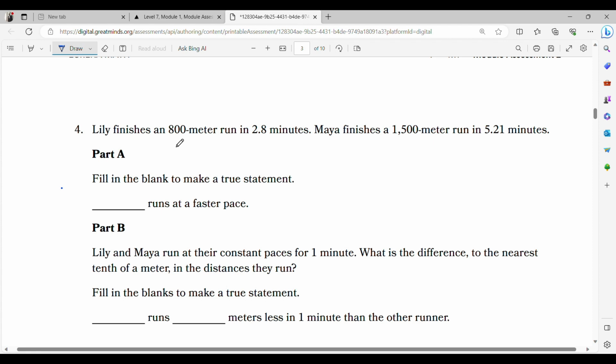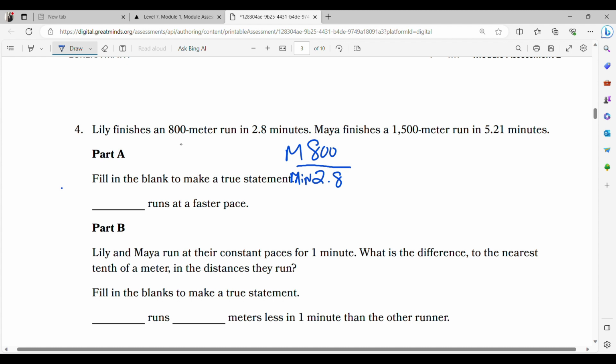All right, so I'm going to set this up as a proportion. That's how I want to do this. We're going to do 800 meters, with the M over here to not get in our way, for 2.8 minutes.